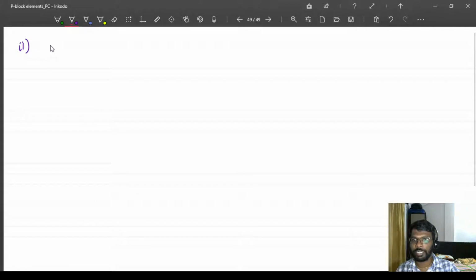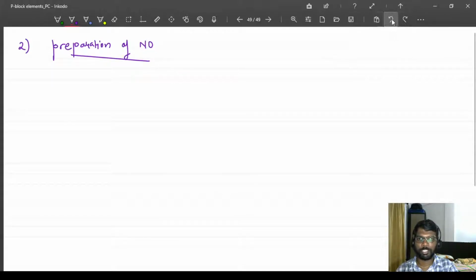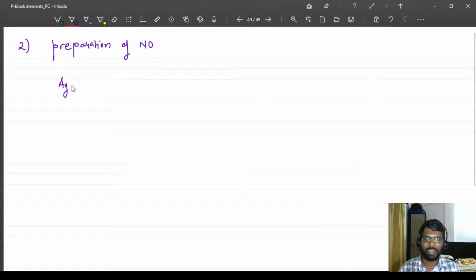So the second oxide is the preparation of NO. Many times I don't want to include these reactions because there is hardly any explanation. I'm just including this in the video so that you can keep track of these. You don't have to separately search for these in books while watching videos. You can only learn them.